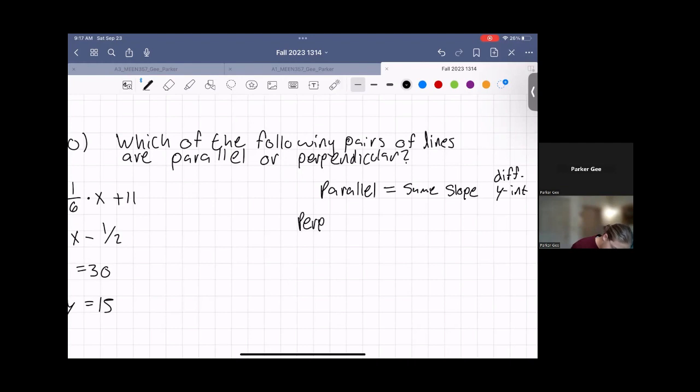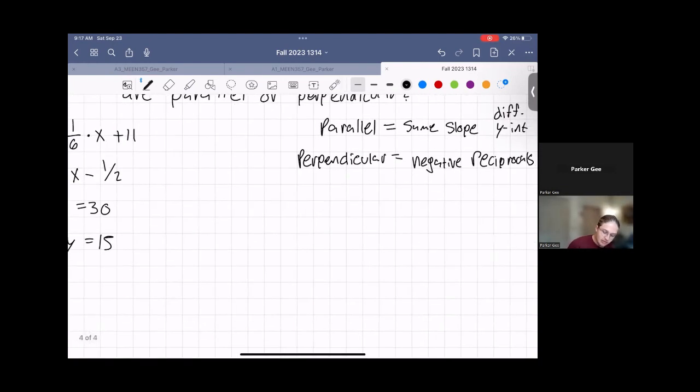Perpendicular is just going to be negative reciprocals. So reciprocal just sounds like a fancy word, but let me just write it out for you. Something like that, right? Negative reciprocals.